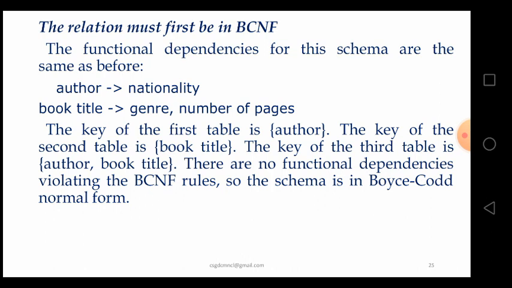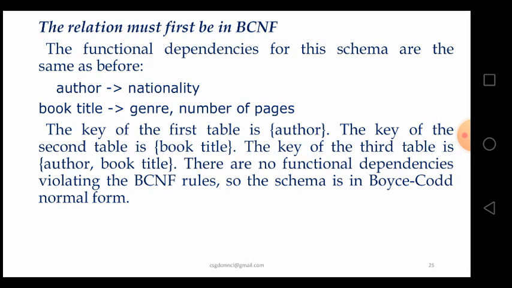The functional dependencies are employee ID to employee country, and employee department to department type, employee department number. Here the candidate keys: employee ID is the candidate key in the first table. Employee department is the candidate key in the second table.